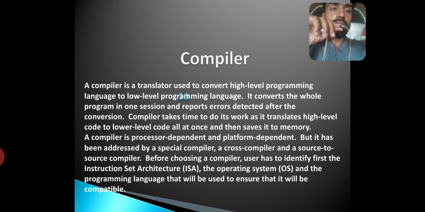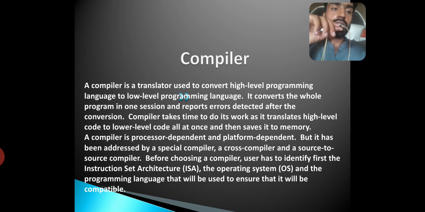A compiler takes time to do its work as it translates high-level code to low-level code all at once and then saves it to memory. A compiler is processor dependent and platform dependent, but this has been addressed by special compilers, a cross compiler and a source-to-source compiler.